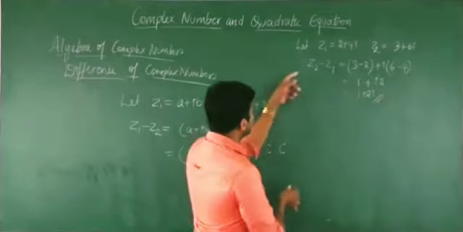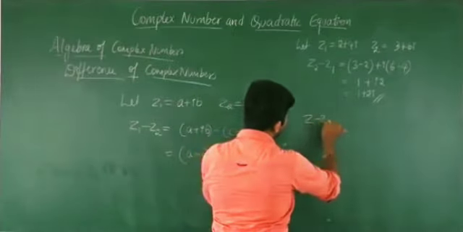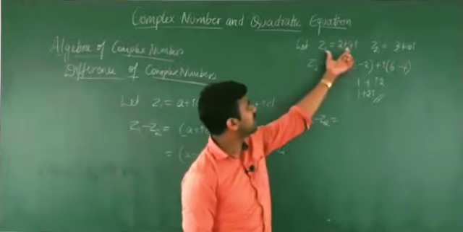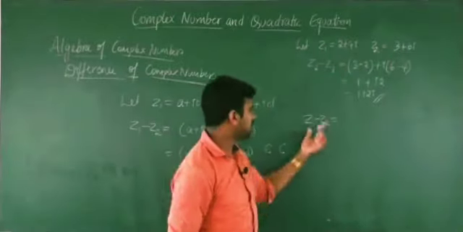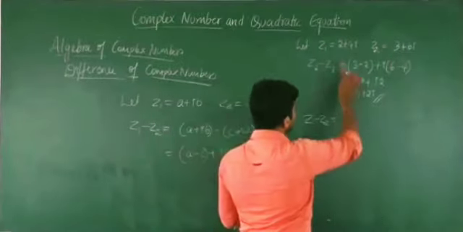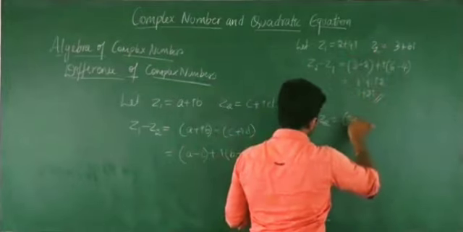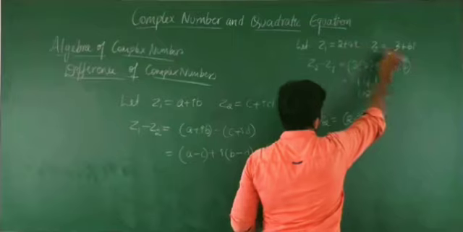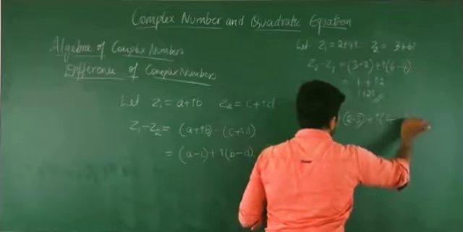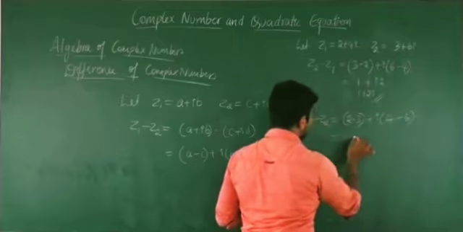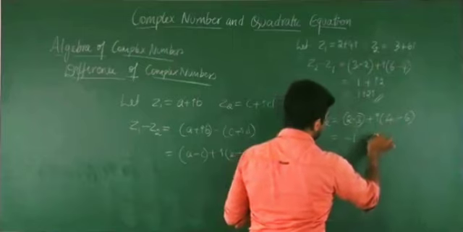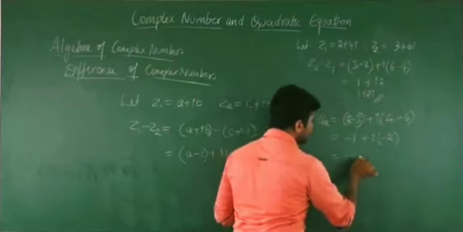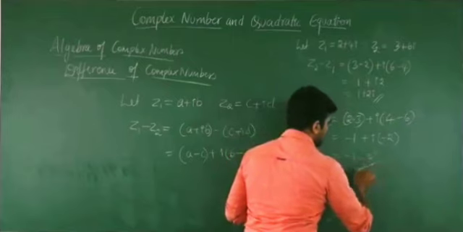Or else to get z1 minus z2, what you have to do? What is z1 minus z2? This is z1 and this one is z2. Subtract them, we'll get 2 minus 3 plus i into 4 minus 6, and this is nothing but minus 1 plus i into minus 2, or this is nothing but minus 1 minus 2i.